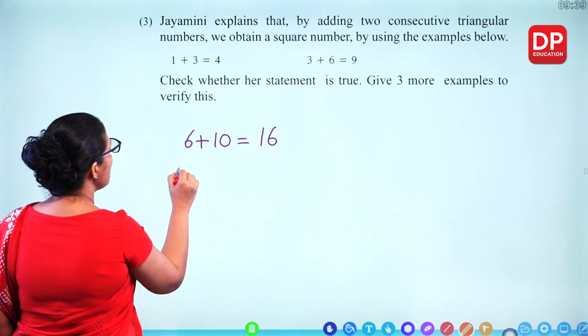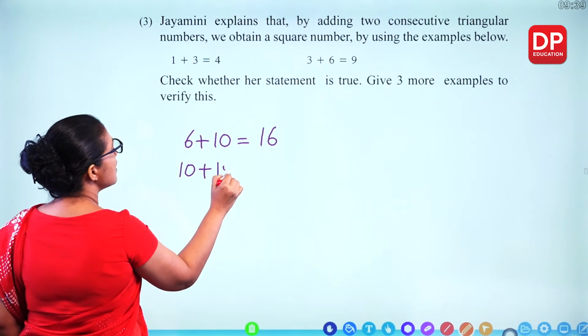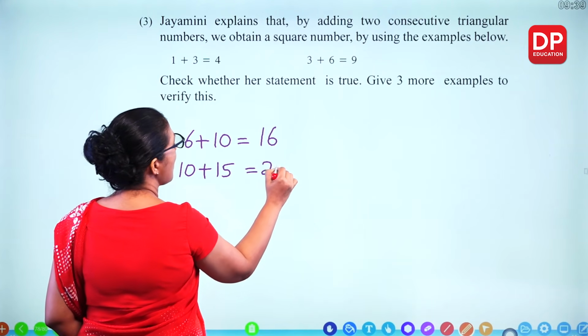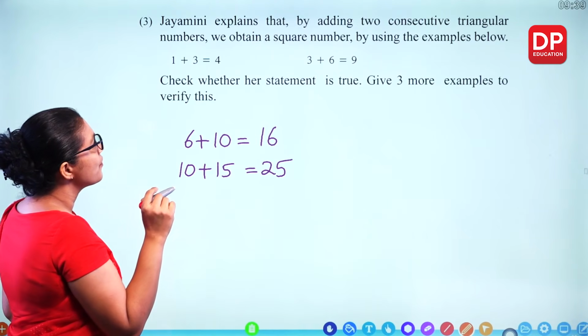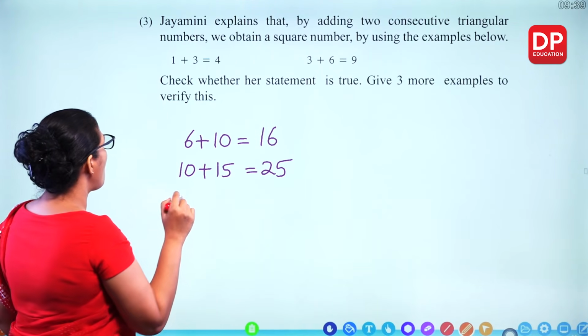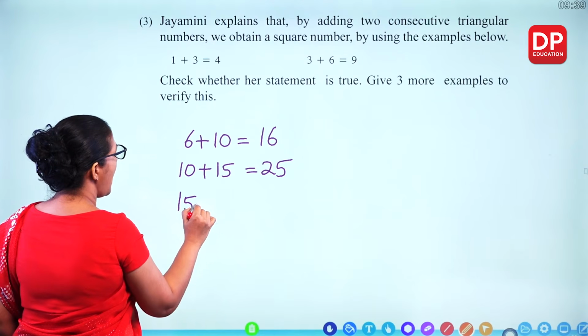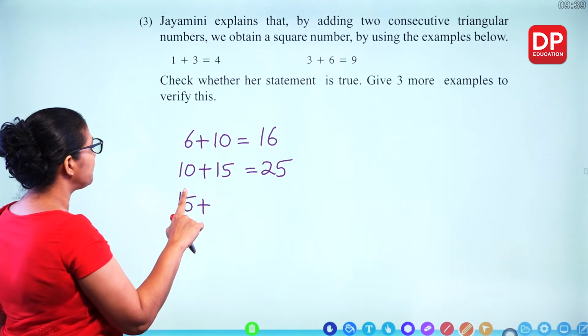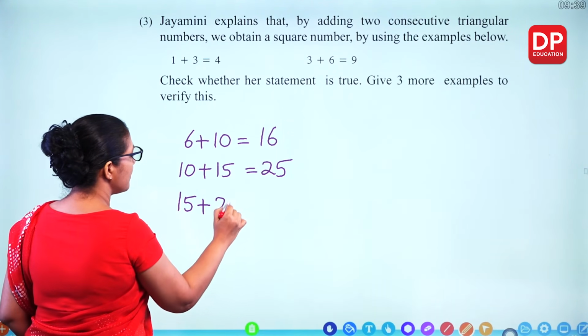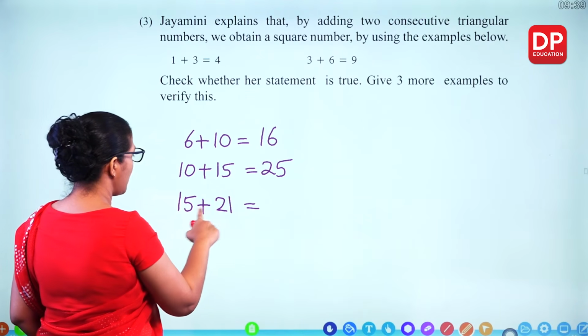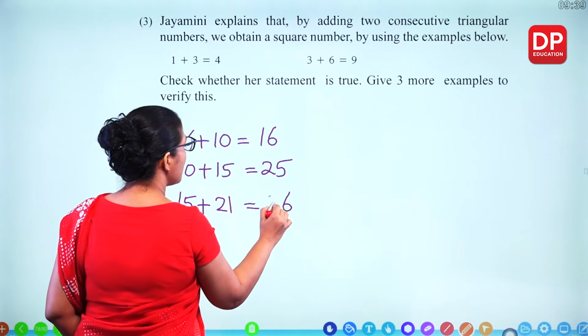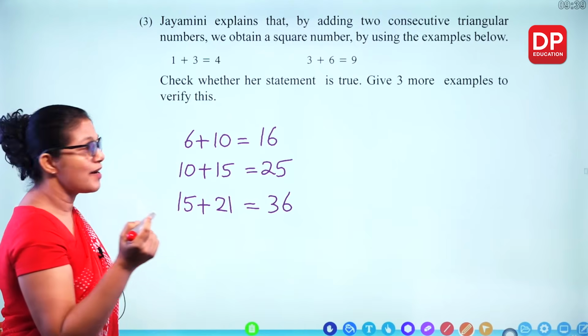Then 10 with 15, 25. That's a square number. So we need one more. 15 and what's the next triangular number? 21. You get 15 plus 21, 36. So that's a square number.